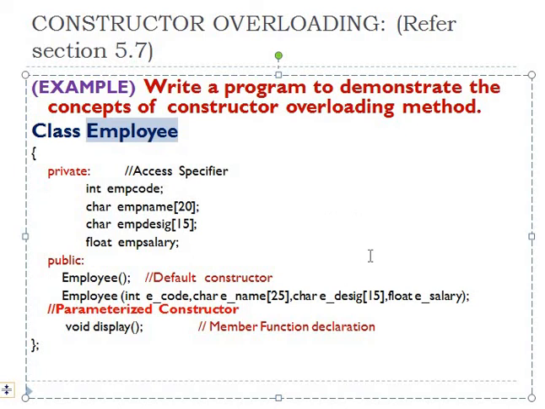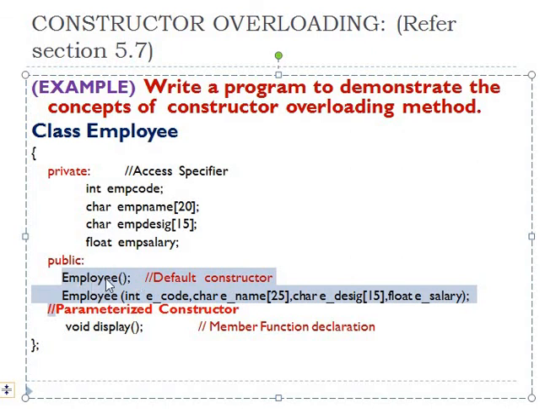Here is a sample program which demonstrates the concept of constructor overloading. Refer to section 5.7 to view this program. The program consists of a class named employee. Inside this class, there are two constructors.